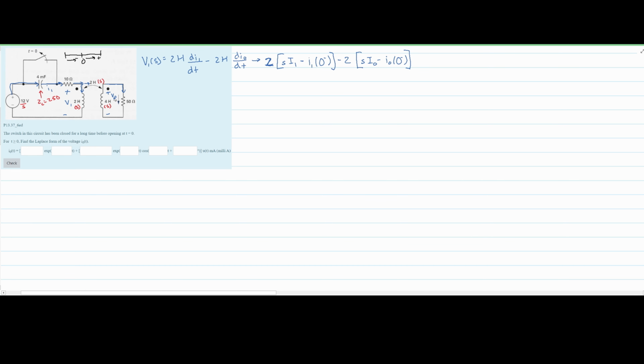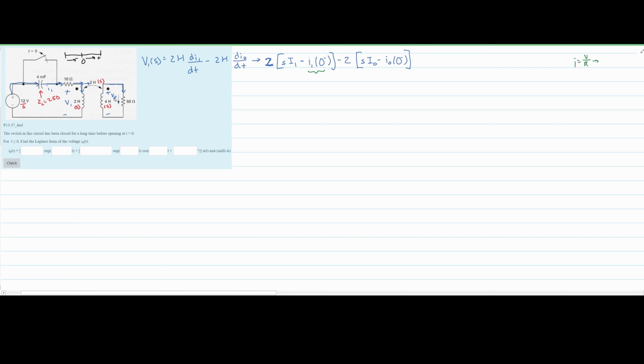Now, there's a few things that we can find. We can find our I1. We're also going to find our I naught at 0 as well. First is our I1. For I1, we know that we have this voltage right here, and it's flowing over this resistance. Knowing that, we can use Ohm's law and say that I is equal to the voltage divided by resistance.